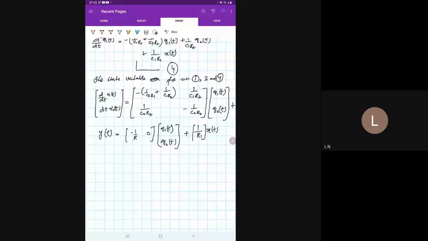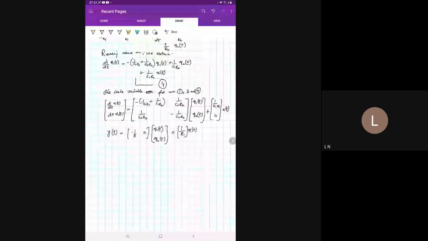So this is the matrix form of these equations, and we can derive the state variable model.